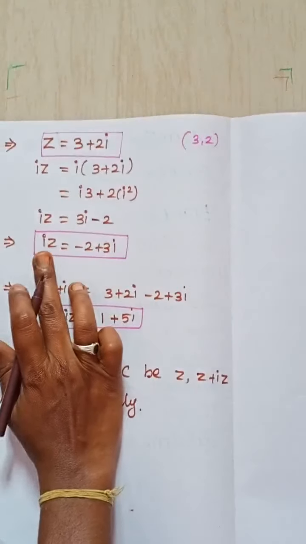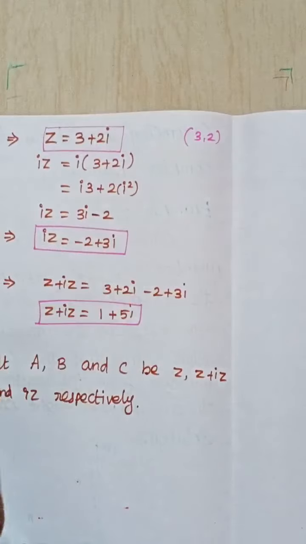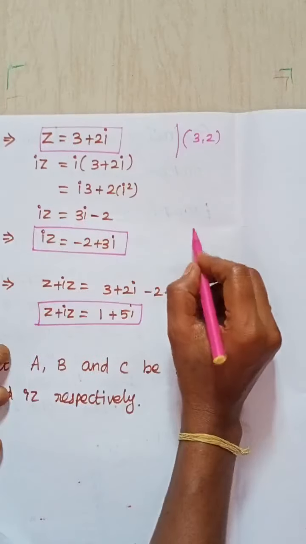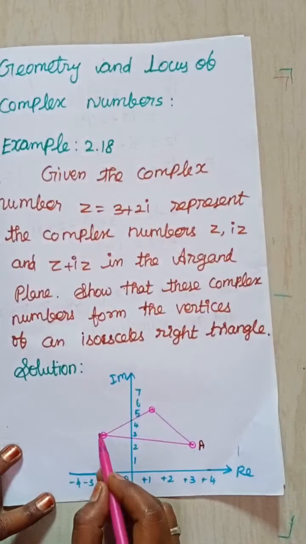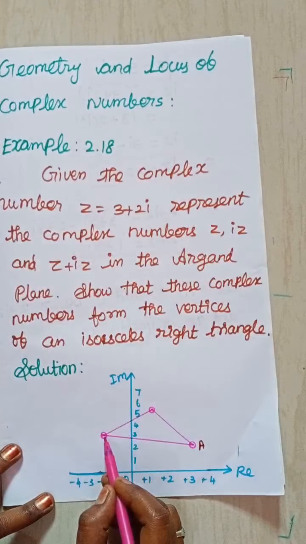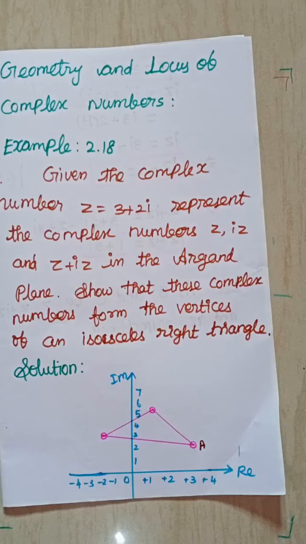Vertex A. And then, second, iz is minus 2 plus 3i. So the ordered pair is (minus 2, 3): x-axis minus 2, y-axis plus 3. Okay. In a diagram, letters are always denoted in anti-clockwise order.